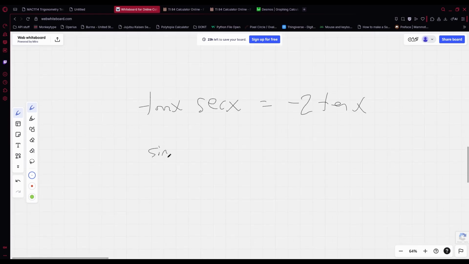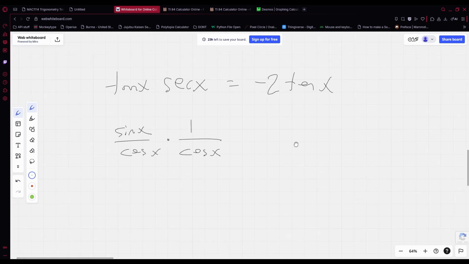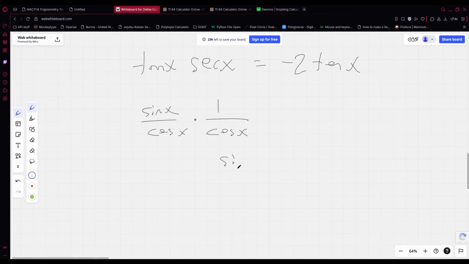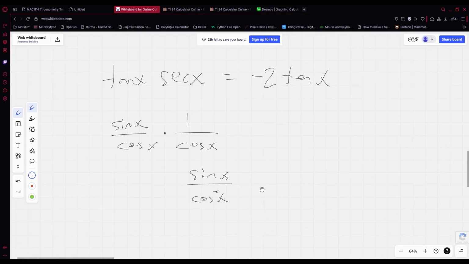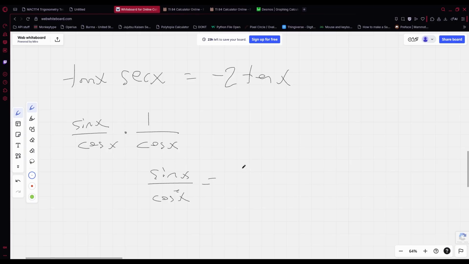So let's say sine x over cosine x times 1 over cosine x. Sine x over cosine squared x is equal to negative 2 sine x over cosine x.